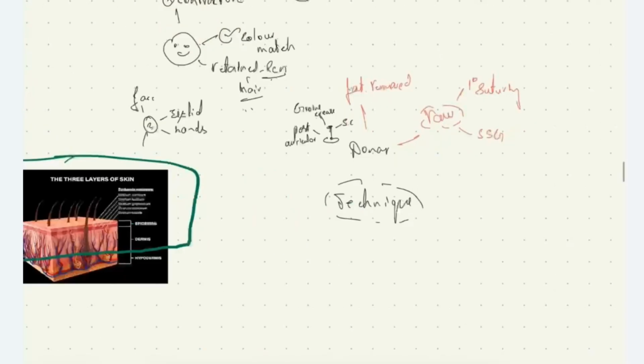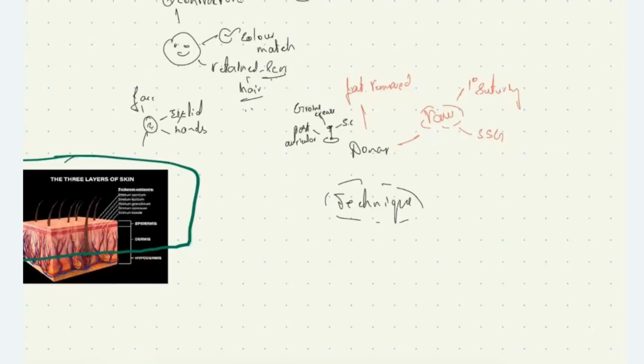Now, what is the procedure that we do? We can take the graft from the patient's own post-auricular area, groin crease or supraclavicular area. Following taking the skin graft, we will nicely remove all the fat present in the hypodermis.